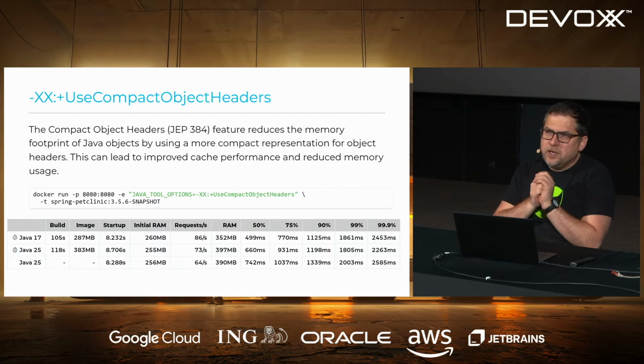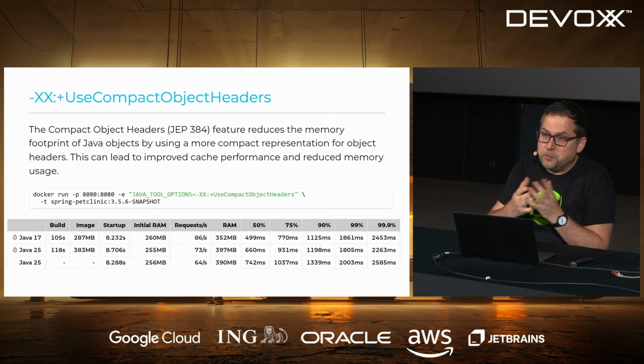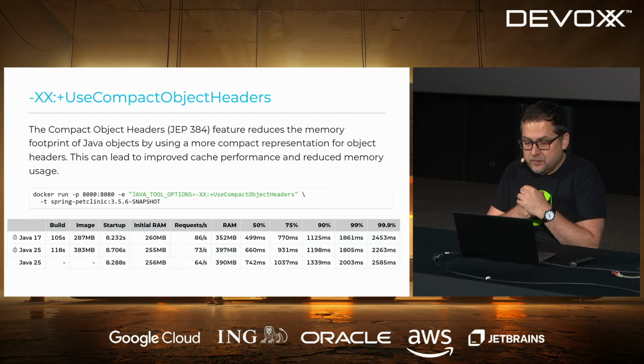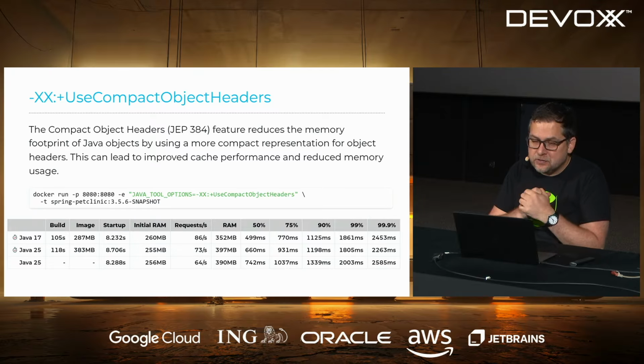The main idea is to expect 10 to 20% memory savings. I didn't see this data, but if you look at Java 25 on the lowest line, by adding this parameter we saved, compared to the regular application, a few megabytes of memory.